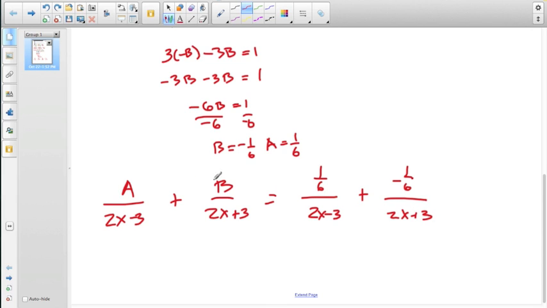And so that is what we're going to integrate. So I'm just going to go ahead and stick a big set of brackets there and throw in an integral there. That's what we're going to end up integrating.